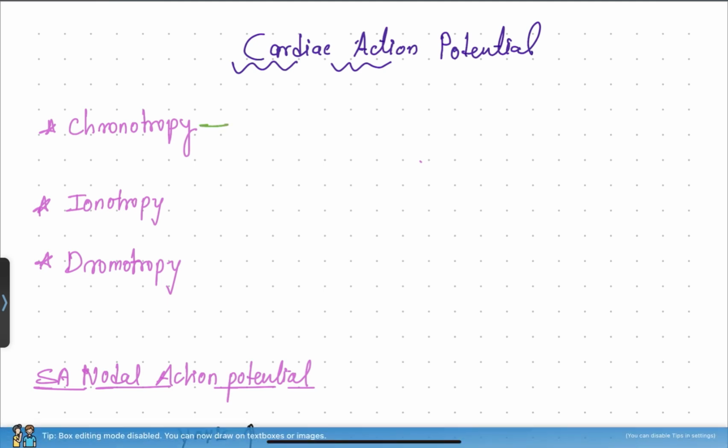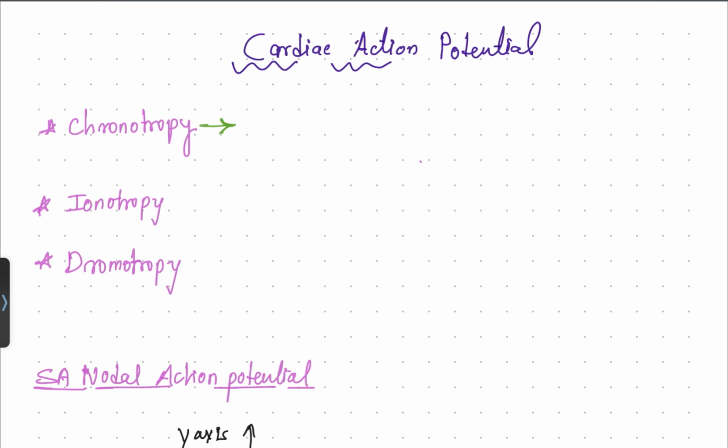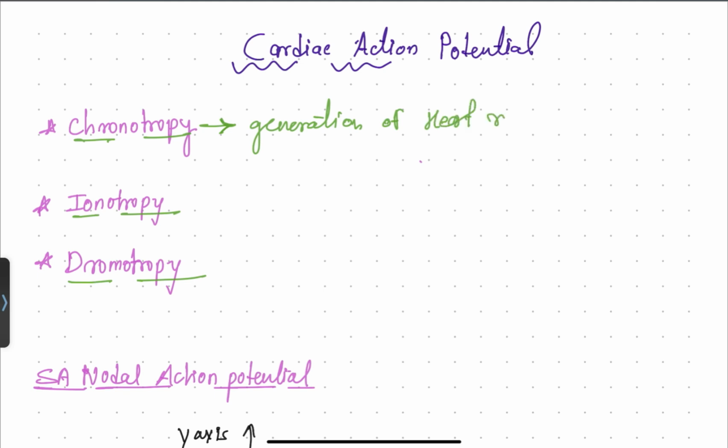So for knowing the cardiac action potential, first we'll see three terms: chronotropy, inotropy and dromotropy. What is chronotropy? It is the generation of the heart rate. So it is related to the heart rate. Then we have inotropy.